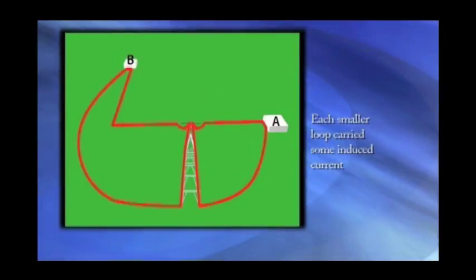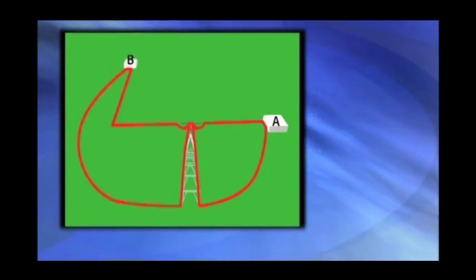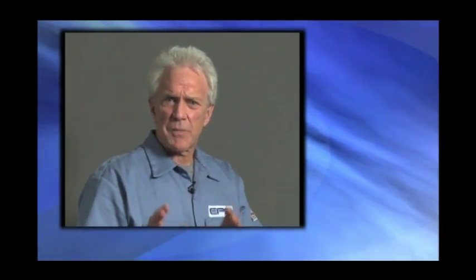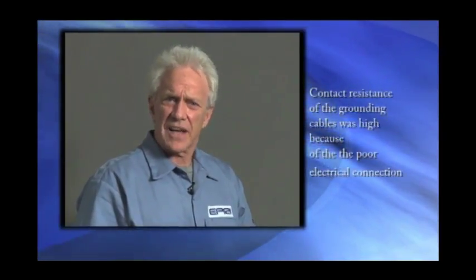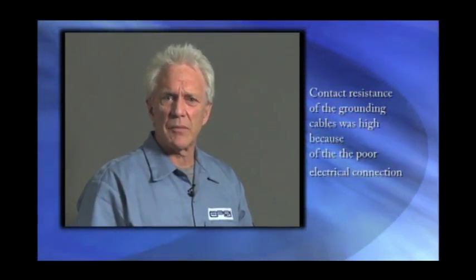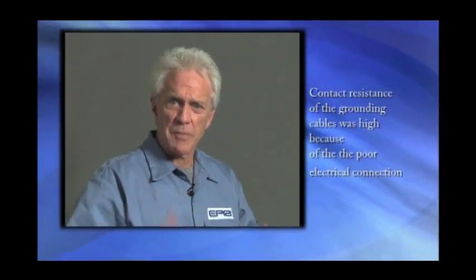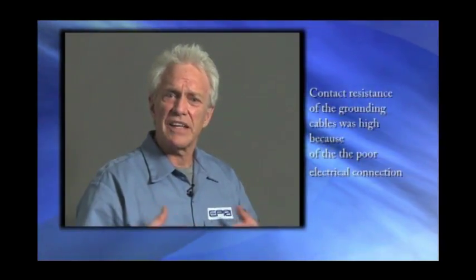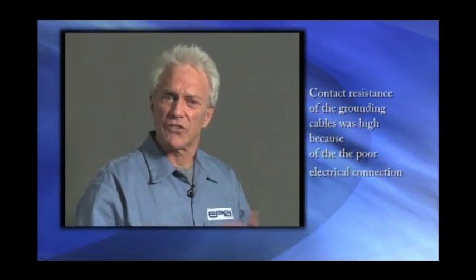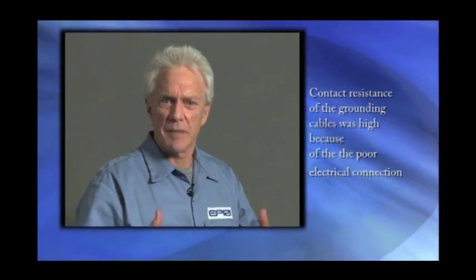Each smaller loop carried some induced current. However, because the paint was not cleaned off carefully, the contact resistance of the ground cables to the structure was high, thus impeding the current flow through the temporary grounding cables and preventing the establishment of an equipotential zone at the worksite. The temporary grounding cables, in effect, could not perform their intended function.